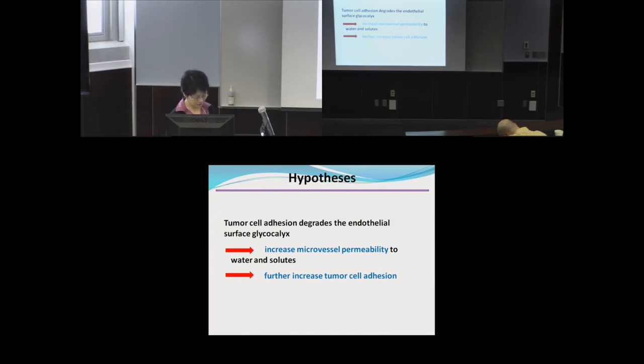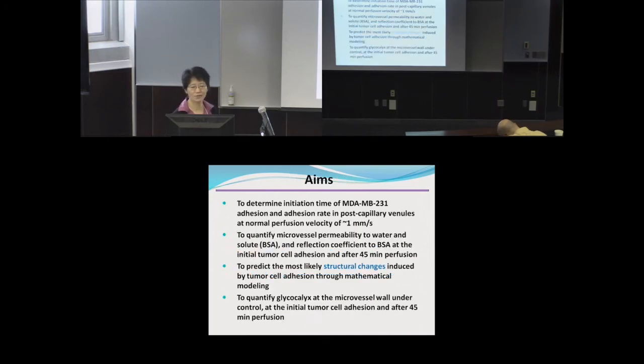So to test these two hypotheses, we have these aims. First, we have to determine the initiation time, how quick this type of MDA-MB-231 is a very malignant human breast cancer cell.